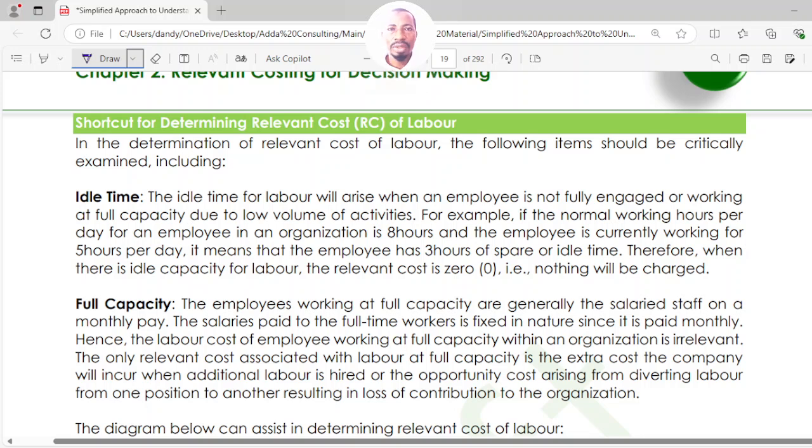Workers on a monthly salary work from 8 o'clock in the morning, for example, and close at 4 p.m. in the evening, 8 hours per day on a daily basis, Monday to Friday, then for the next 4 weeks, that's 1 month. So on a monthly basis, they earn their salary.